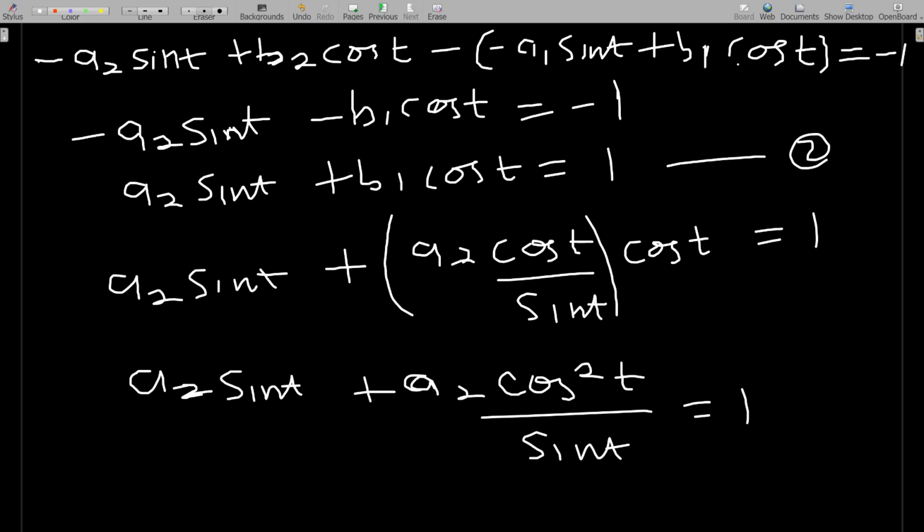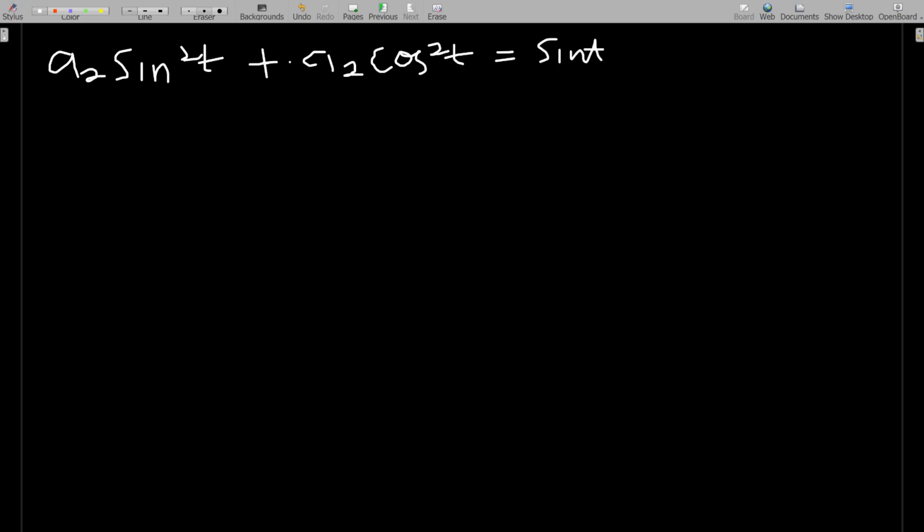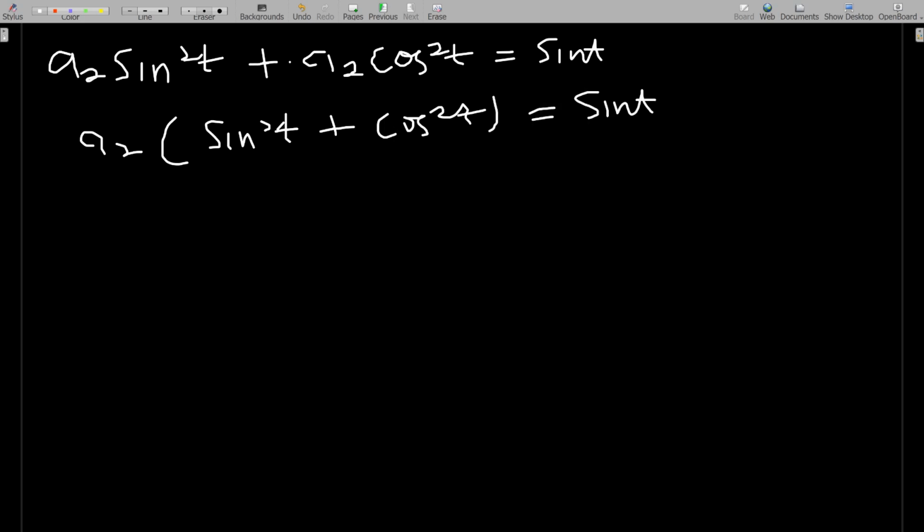The LCM here is sine t, so I multiply through by sine t, and I have a2 sine squared t plus a2 cos squared t equal to sine t. We factor a2 out, so I have sine squared t plus cos squared t, which you know is 1, so a2 is equal to sine t.